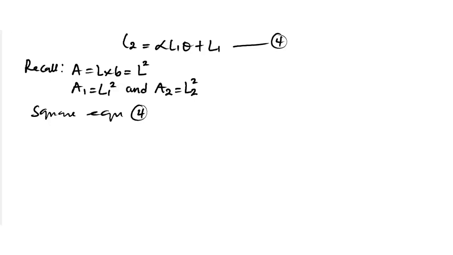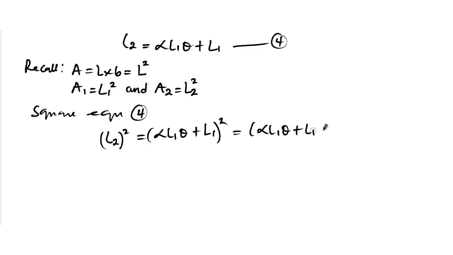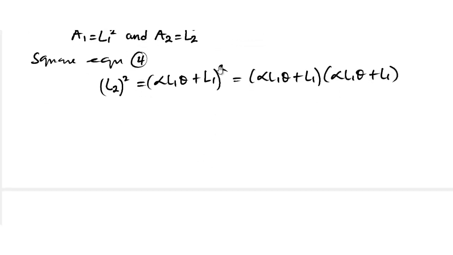Meaning that I'm taking the square of equation 4. If I take the square of equation 4, L2 square will give me alpha L1 theta plus L1, everything squared. So if I square this, it returns alpha L1 theta plus L1 into bracket alpha L1 theta plus L1. If I continue this, let's open this bracket.